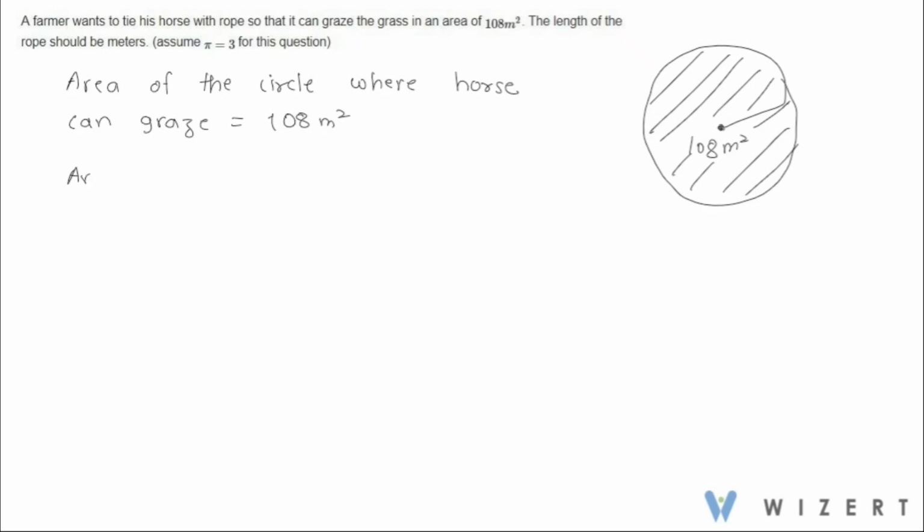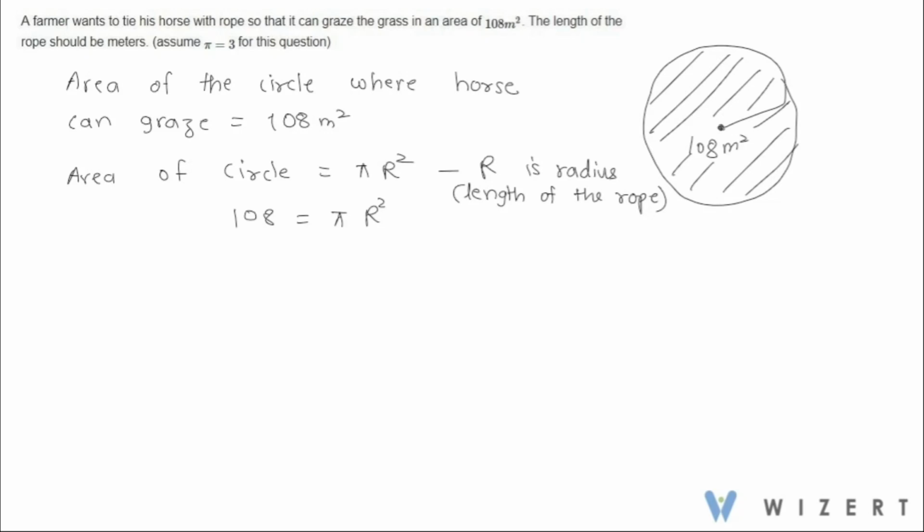We also know that area of circle is calculated as pi r square. So we can equate these two. 108 equal to pi r square, where r is radius, that is length of rope, length of the rope.